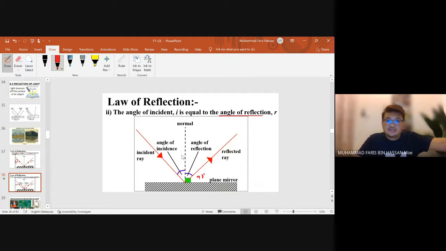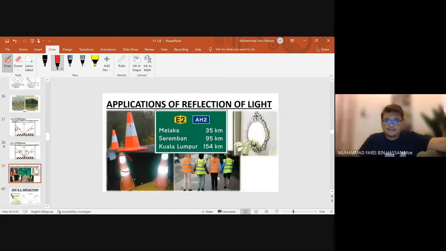If you want to measure the angle of incidence, please make sure that you measure it from the normal line to the incident ray or to the reflected ray. Don't ever try to measure from the plane mirror to the incident or reflected ray, because it's obviously wrong. You need to measure from the normal line to both the reflected ray and the incident ray.